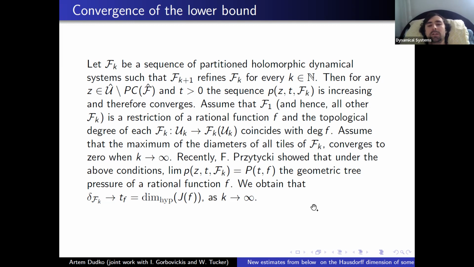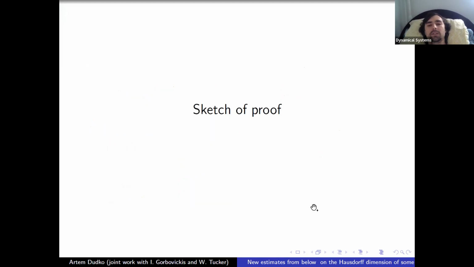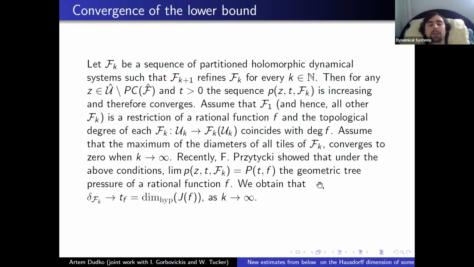But the question remains how fast they converge. That's why we cannot yet obtain precise bounds, only lower bounds, in complicated cases such as the Feigenbaum maps.